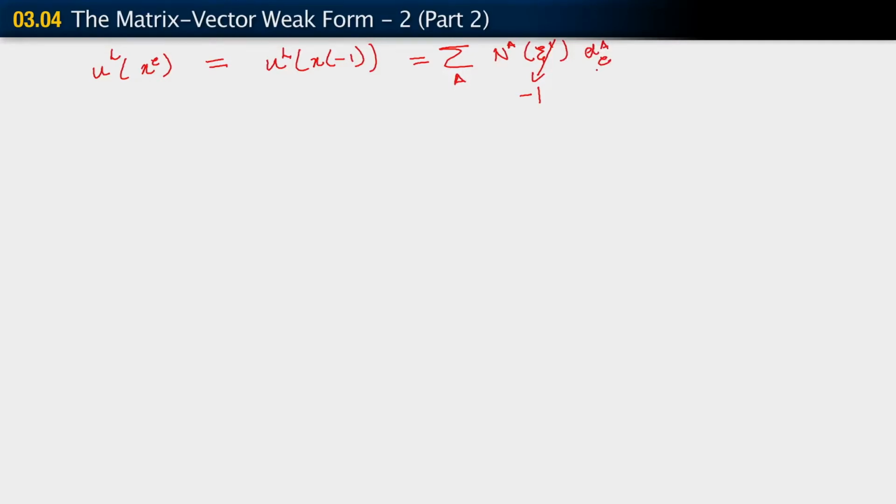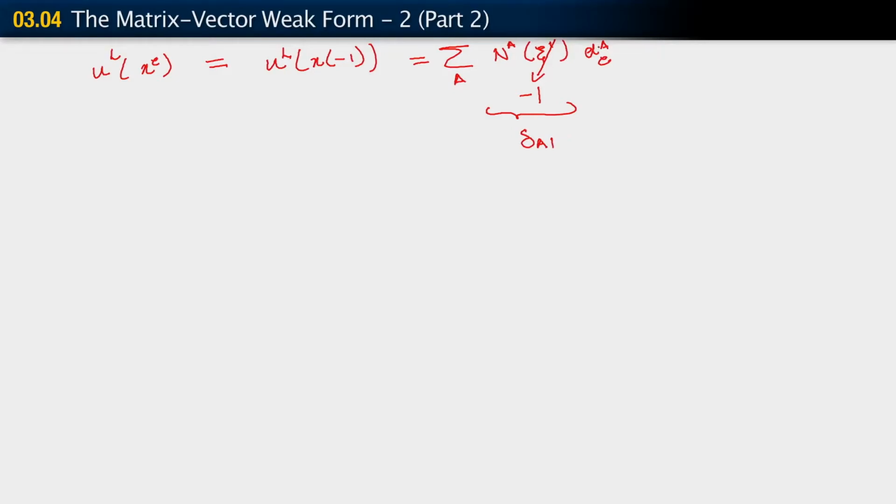But then we recall that these basis functions we've constructed have this Kronecker delta property. So this is essentially the Kronecker delta, delta_A1.